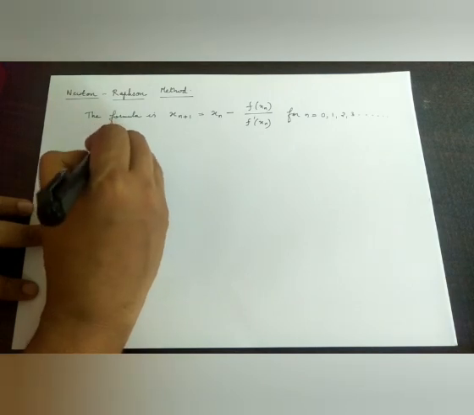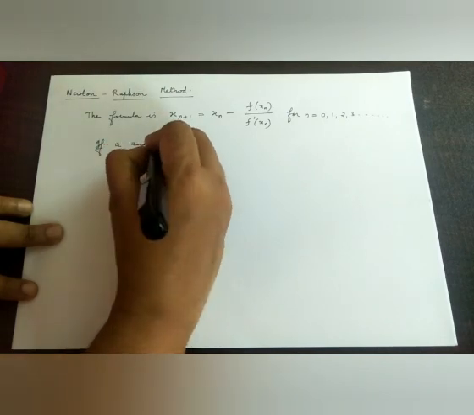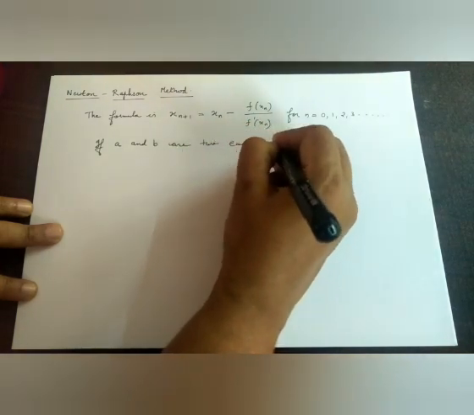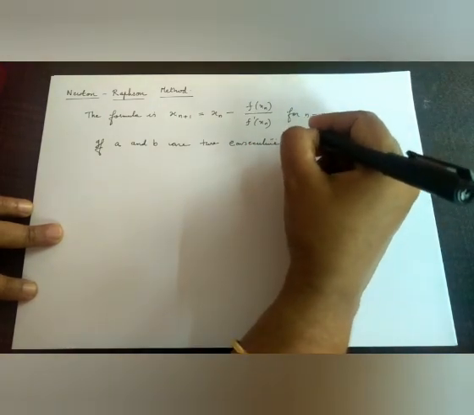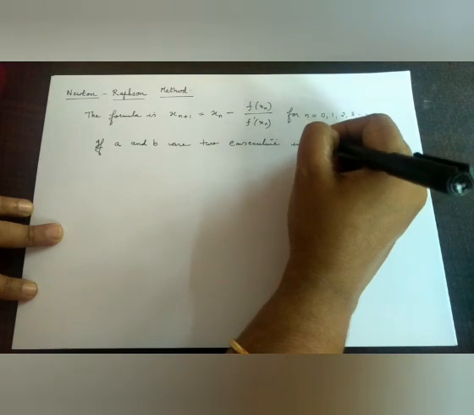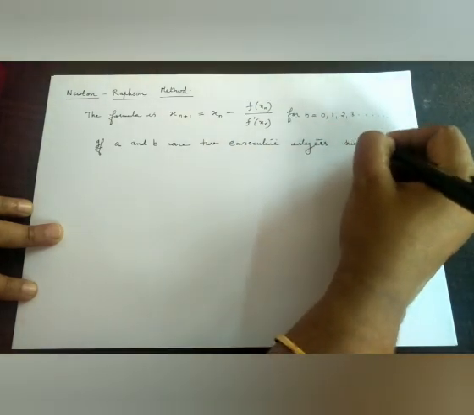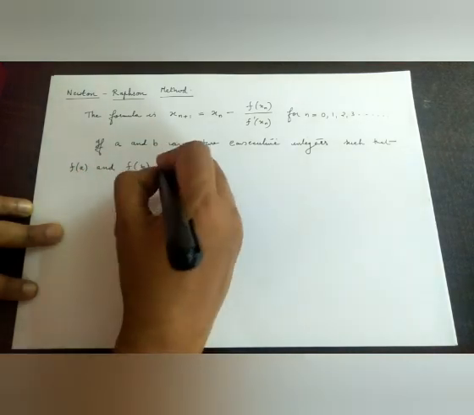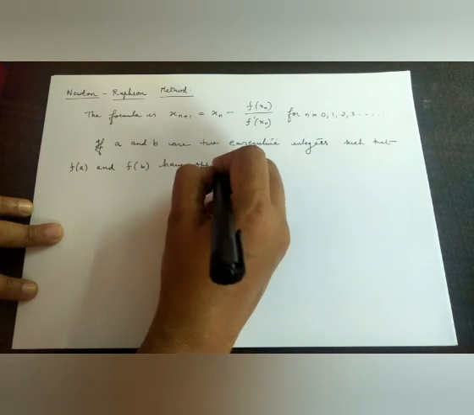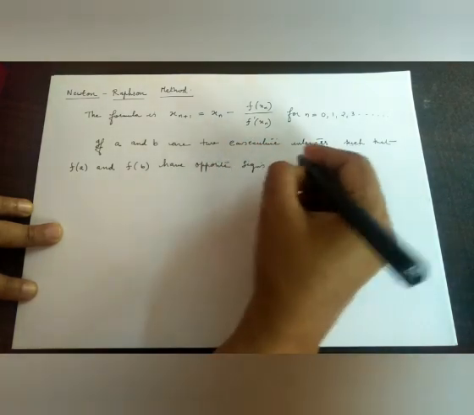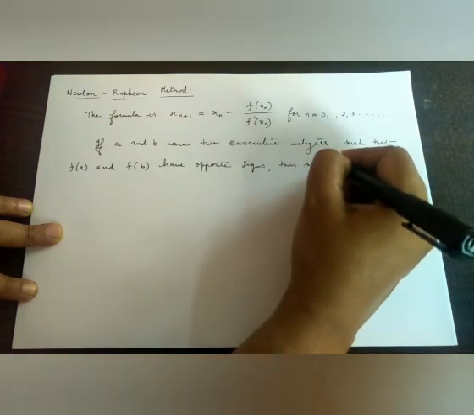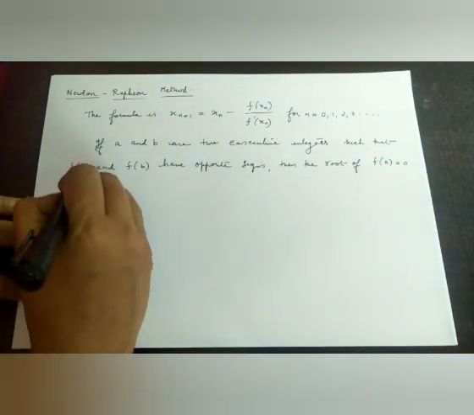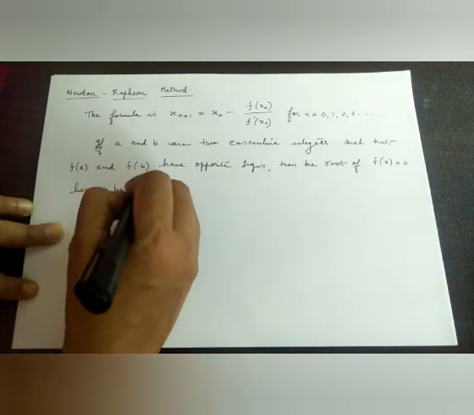Here, if a and b are two consecutive positive integers such that f(a) and f(b) have opposite signs, then the root of the equation, that is f(x) = 0, lies in between a and b.